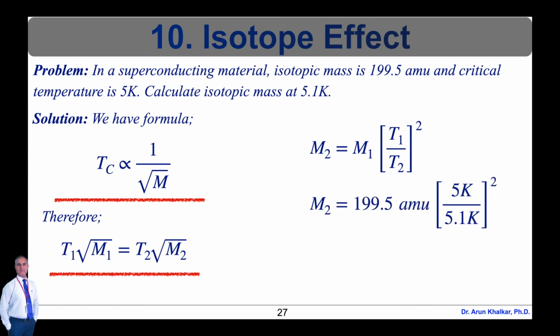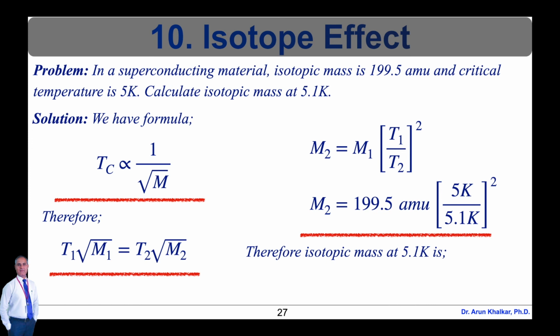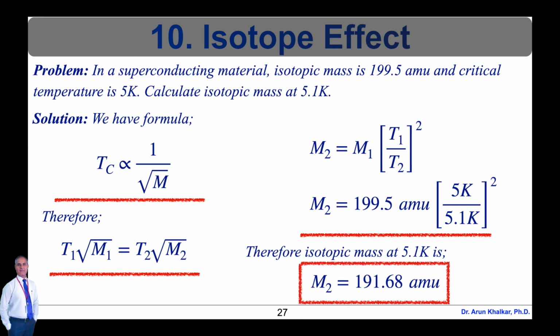So we have M2 = 199.5 AMU, which is the isotopic mass M1, times (5 Kelvin divided by 5.1 Kelvin) squared. Therefore, calculating this equation, the isotopic mass at 5.1 Kelvin is M2 = 191.68 AMU. So this is the solution of this problem.